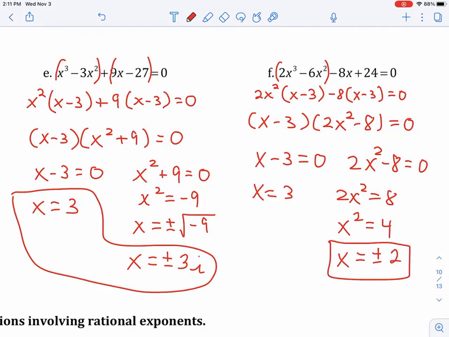So on the right side, I get 2x squared minus 8 equals 0. So 2x squared equals 8, so x squared equals 4. My answers for x are plus or minus 2 and 3.